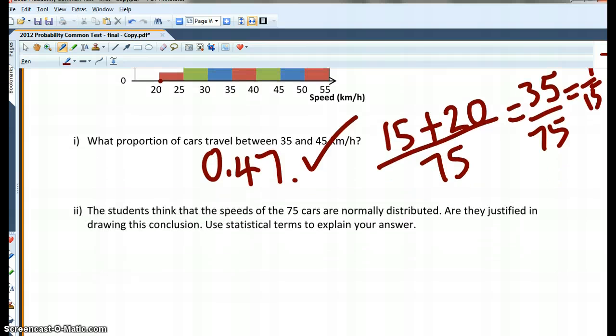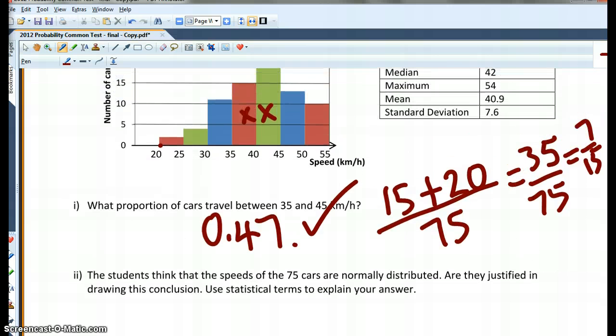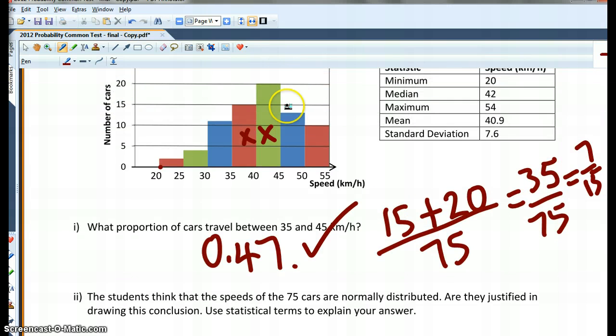Anyhow, that's cool. The students think that the speeds of the 75 cars are normally distributed. Are they justified in drawing this conclusion? With a normal distribution, your mean, median and mode would be the same. And here we've got a median of 42 and a mean of 40.9, so these are not the same.